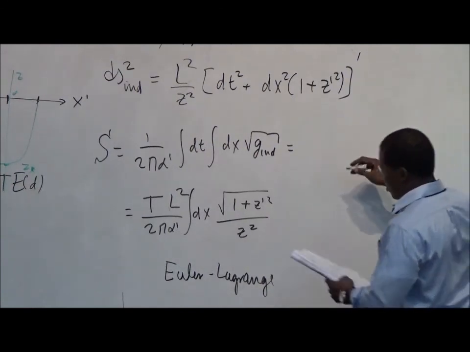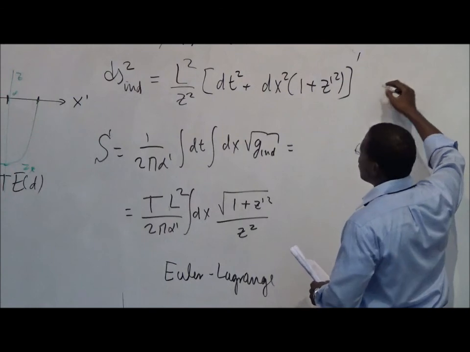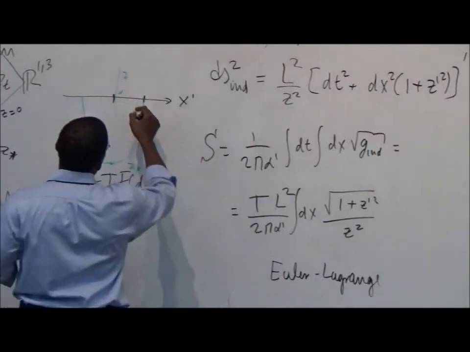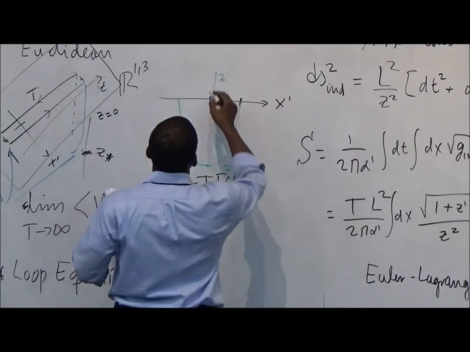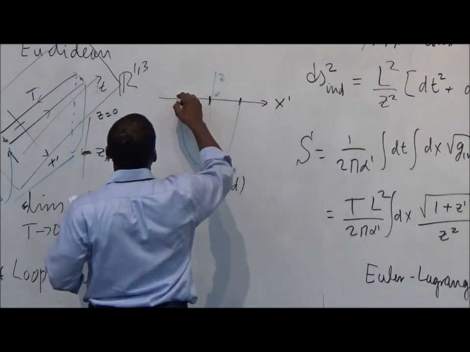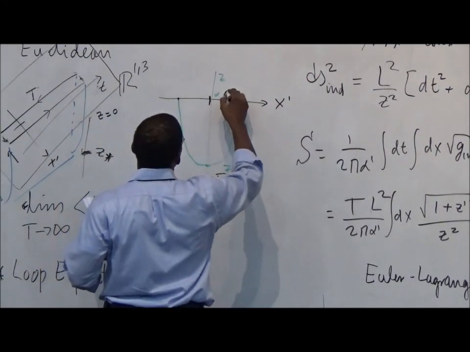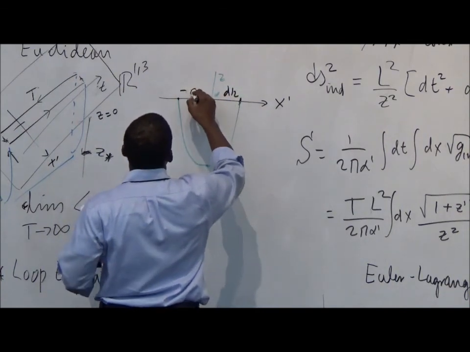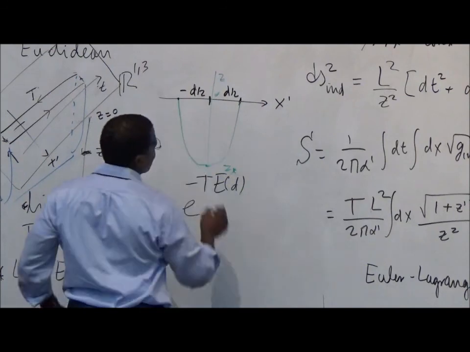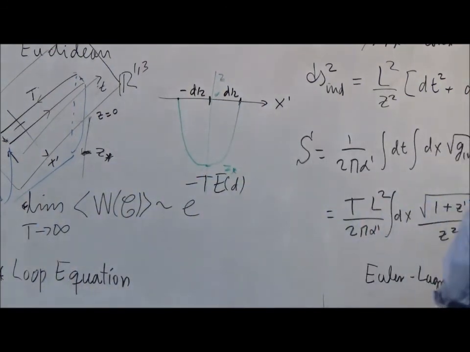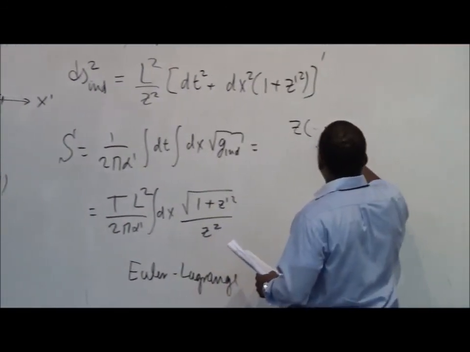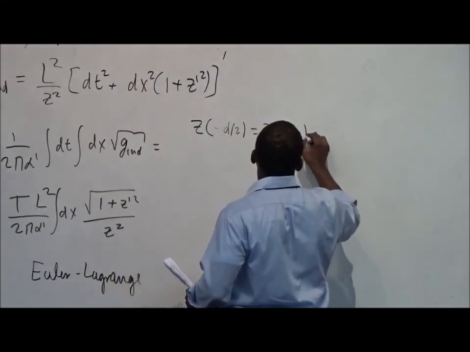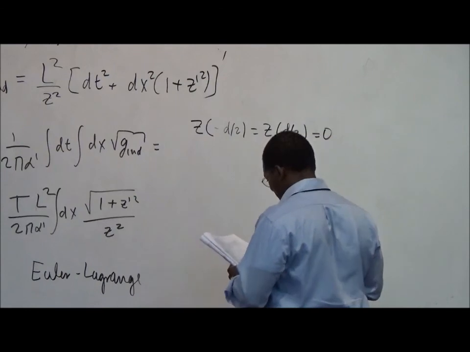So let's talk about boundary conditions. What are the boundary conditions? The string returns at this point, this is d over 2, and this is minus d over 2. So z at minus d over 2 equals z at d over 2 equals 0.